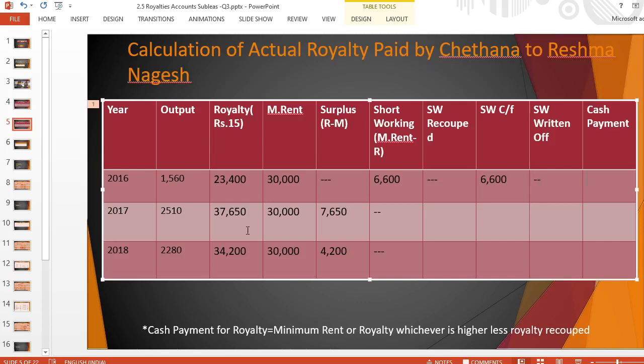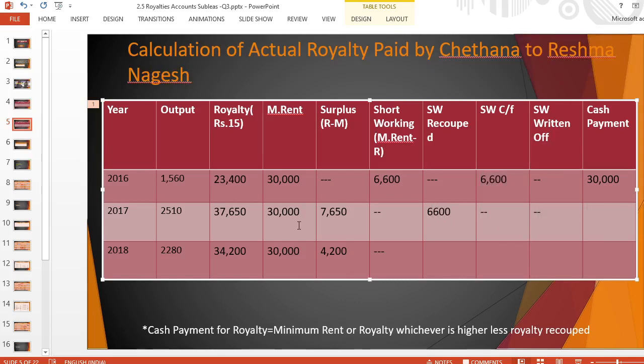For the final payment, minimum rent or royalty, whichever is higher. So here the higher amount is 30,000, less recoupment 0. So the final payment should be 30,000. For the second year, we have a surplus of 7,650 and short working 6,600. So here the lesser amount, 6,600, is recouped. So no amount to carry forward and no amount for written off.